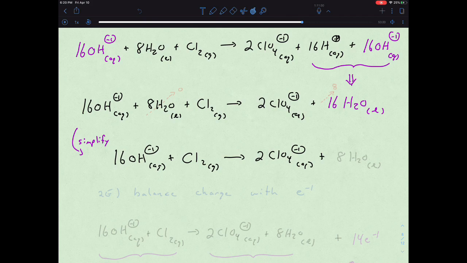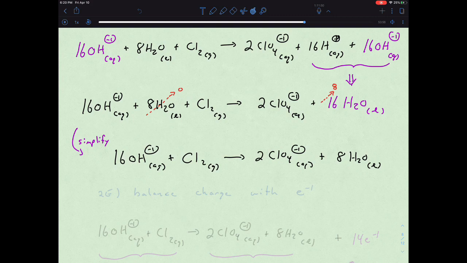And we'll end up with 8 H2Os on the product side. So we're seeing this water disappear, and then our H2O on the product side basically going to 8. So there's our half reaction so far for oxidation, which is now actually balanced.